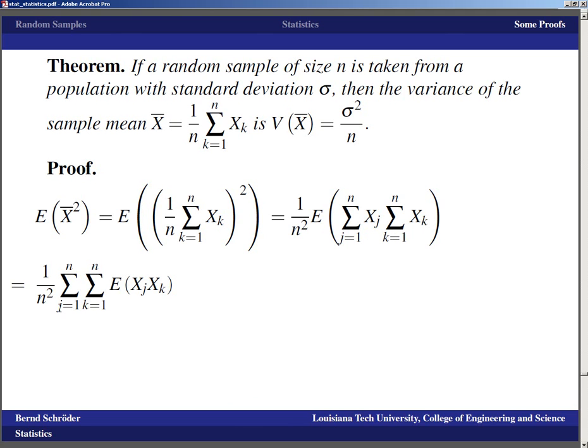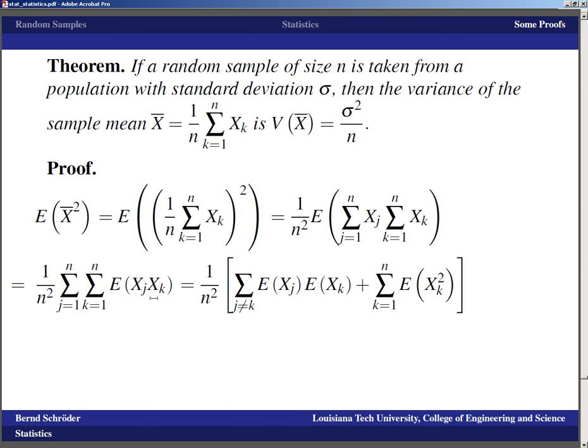So this is 1 over n squared, sum j equals 1 to n, sum k equals 1 to n, expected value xj, xk. And now that is 1 over n squared times the sum when j is not equal to k, expected value of xj times expected value of xk, plus the sum k equals 1 to n expected value of xk squared.